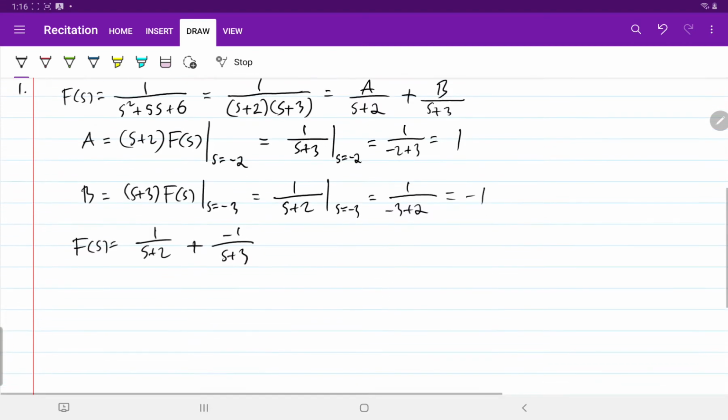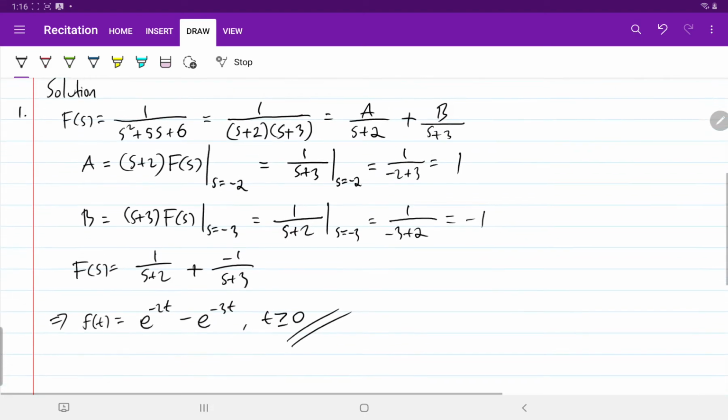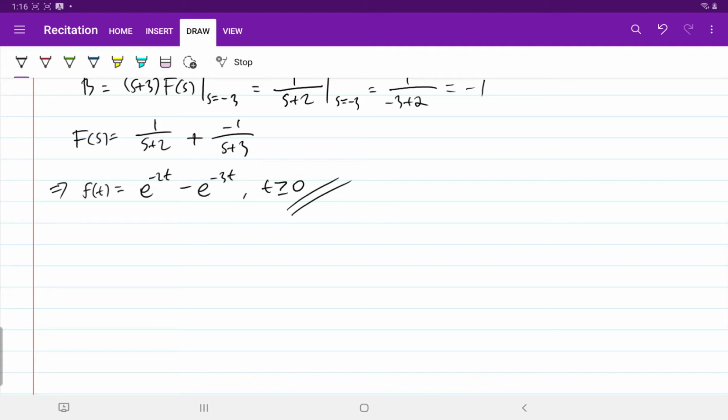If you look at the table, then you can directly compute f of t. 1 over s plus 2 is e to the power minus 2t, and then you have minus 1 there, so minus e to the power minus 3t, and this is defined for t greater than or equal to 0. So that's the solution for the first problem. Pretty simple.